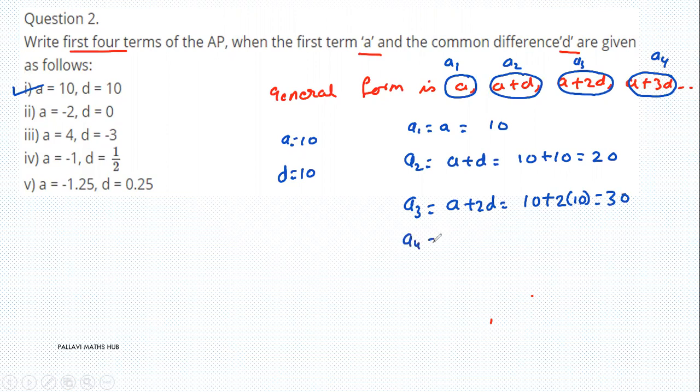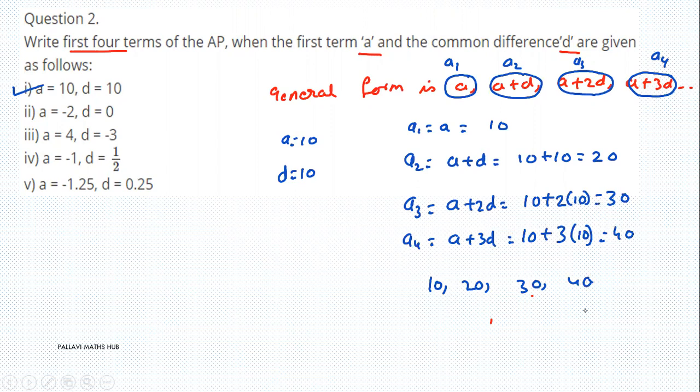Find out a4. a4 is a plus 3d. Here, the value of a is 10 plus 3 into 10, which is 3 tens are 30, 30 plus 10 is 40. So 10, 20, 30, 40 are the first 4 terms.